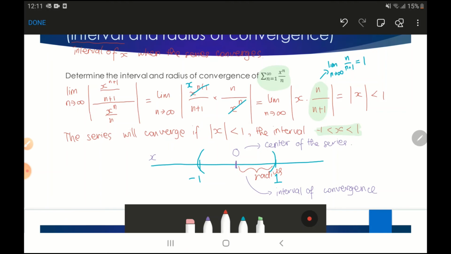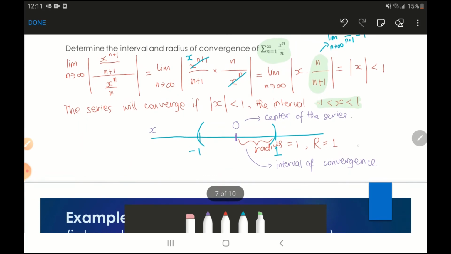I will not write it as r so that you don't get confused with the ratio. So the radius is actually 1. We actually have a symbol for the radius of a series, capital R, so R equals 1. The radius is the distance between the center and the end point of the interval.